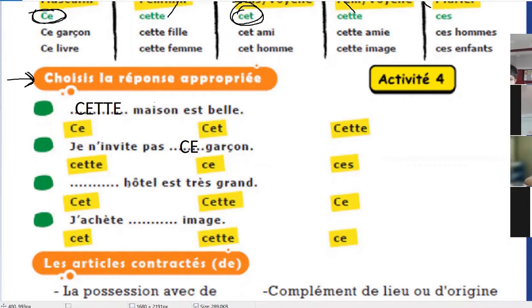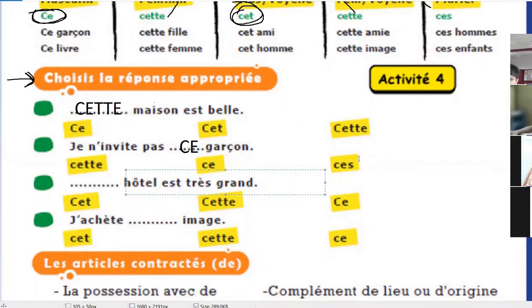Next question. Hotel. Now hotel, I am telling you all, know from today, hotel means hotel, it is masculine. But remember one thing, hotel is starting with a vowel and it is masculine. Now what will be the answer? Anybody? Yeah, very good.